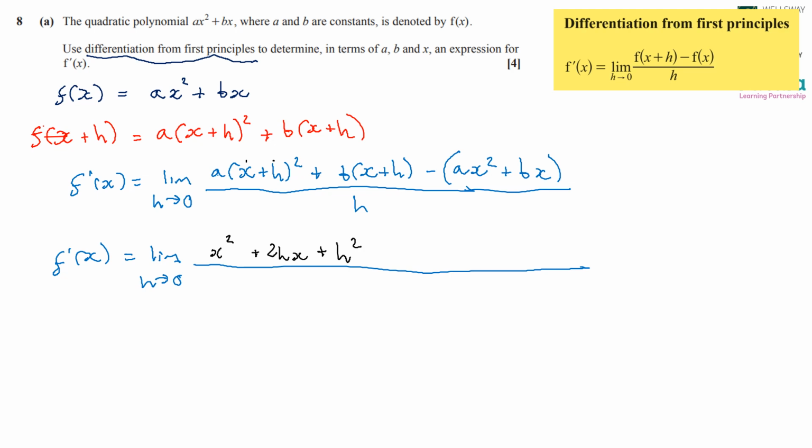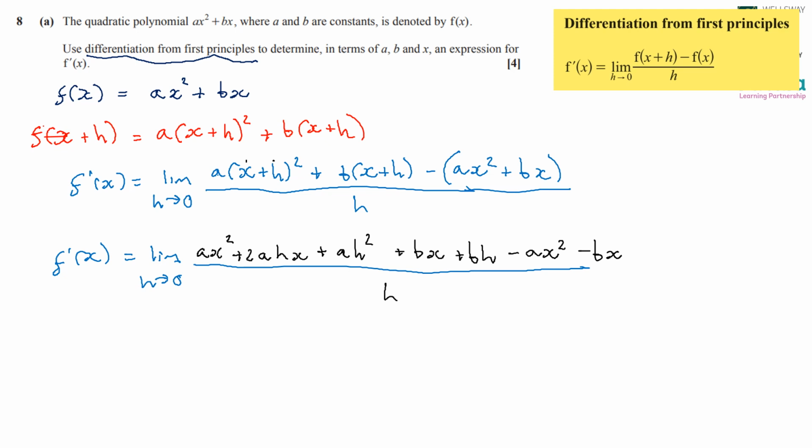So we get ax squared plus 2ahx. And then h squared is also getting multiplied by a, so we get ah squared. Then we get plus bx plus bh. And then we get minus ax squared minus bx. And that is still all over h.